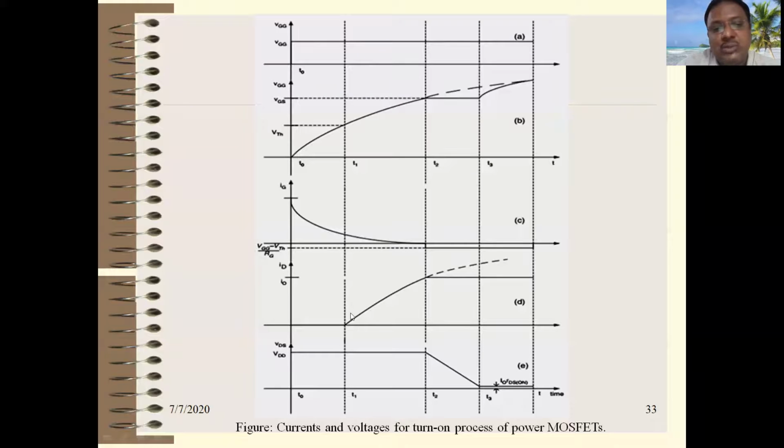So this shows the current ID increases as your VGS is greater than VT. But until VT, the current ID is equal to 0, right? As your voltage is greater than VT, the current ID starts to increase. Then whenever it is equal to VGS or maybe a max voltage, your current becomes constant.